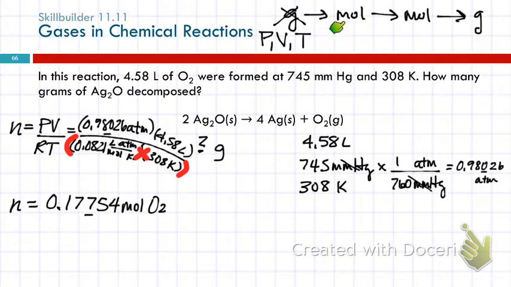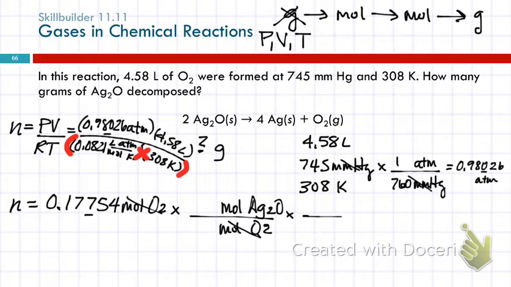We are now here. We got to moles of oxygen. We need to go to moles of Ag2O to grams. So I'm going to multiply. I want to get to moles of Ag2O divide by moles of oxygen.